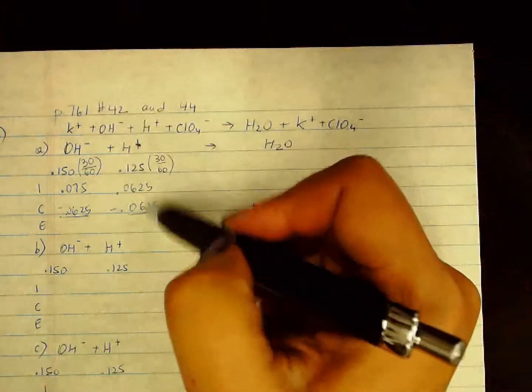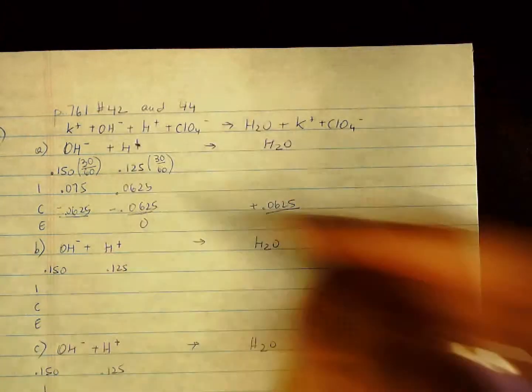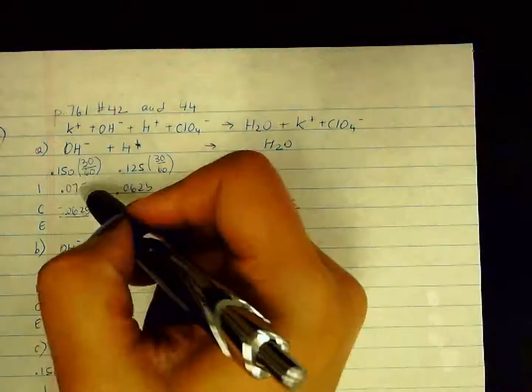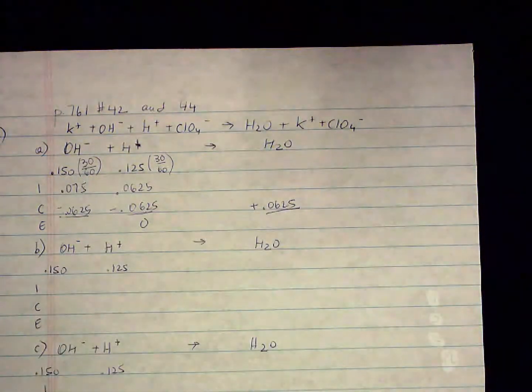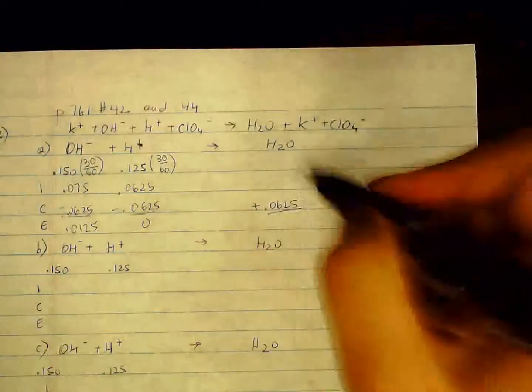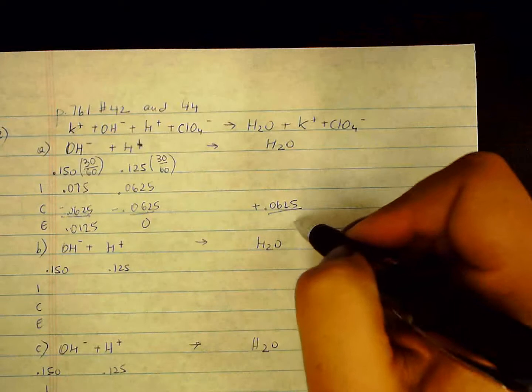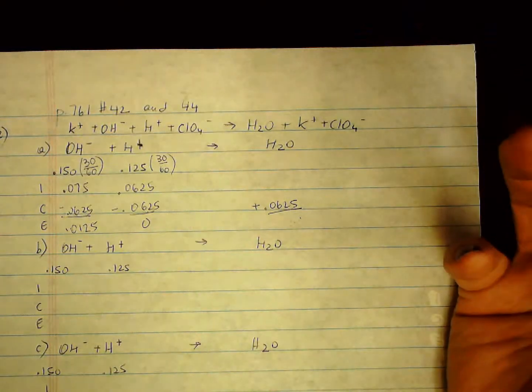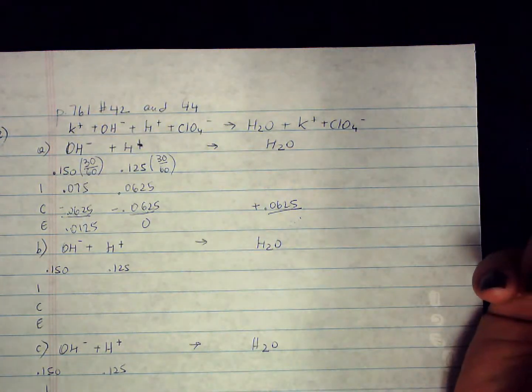If you subtract, you end up with 0 hydrogen. In terms of hydroxide, the difference is 0.075 minus 0.0625, or 0.0125. And you end up with some water over here. No one really cares about this value because that's not really what you need to calculate pH.